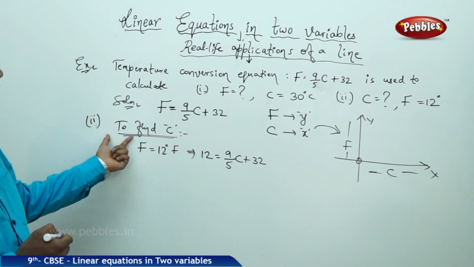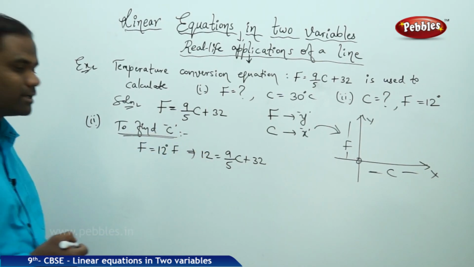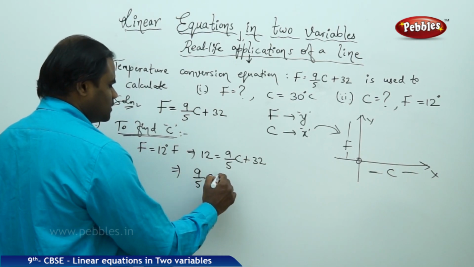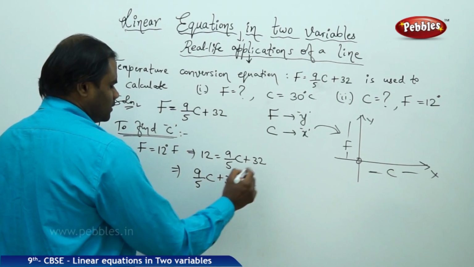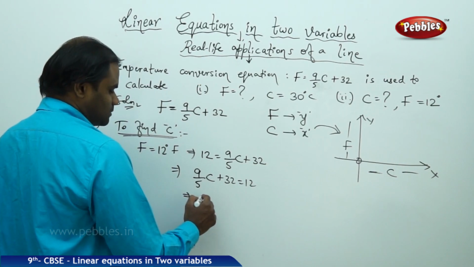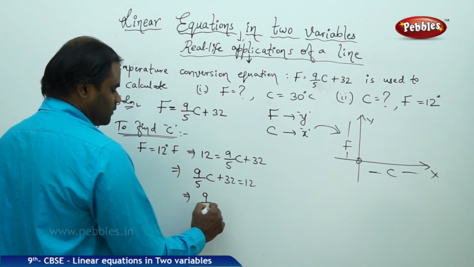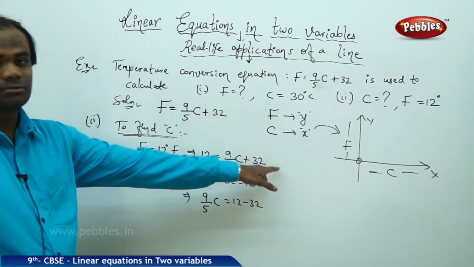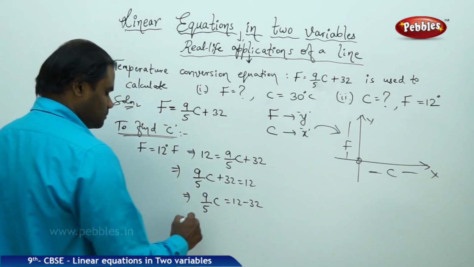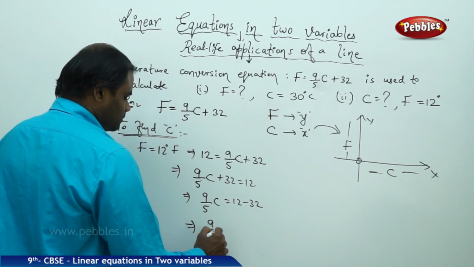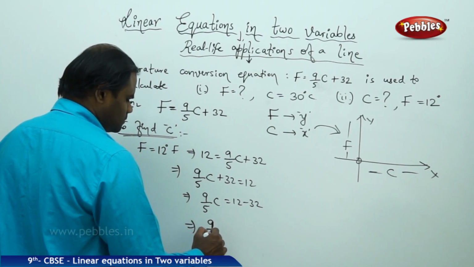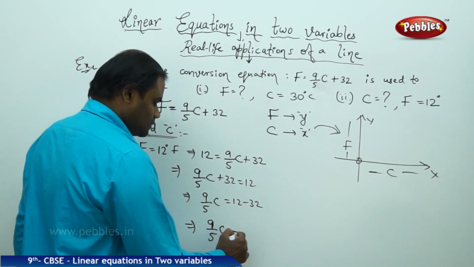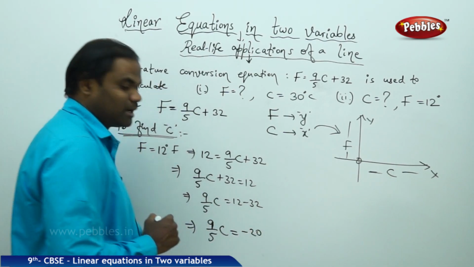C. Now it's about finding C, so I take this to the left hand side. 9 by 5 C plus 32 is 12. That implies 9 by 5 times C is 12 minus 32, 32 comes to the right as minus 32. That implies 9 by 5 C is 12 minus 32, which is minus 20.